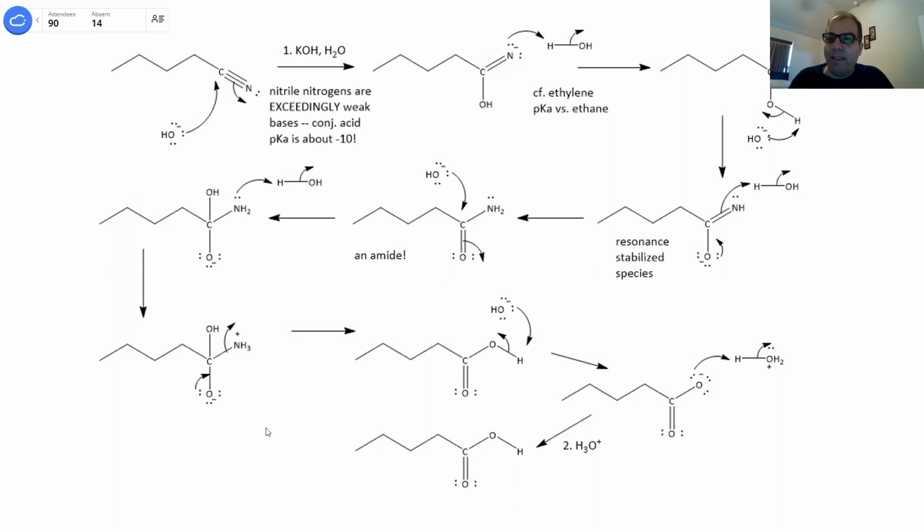We're within the limit of 7 or 8 pKa units. If we put that proton on, the resulting molecule has a total charge of 0, so that makes sense also. We can then lose ammonia or whatever primary or secondary amine is a leaving group at this point, and you've just generated your carboxylic acid.